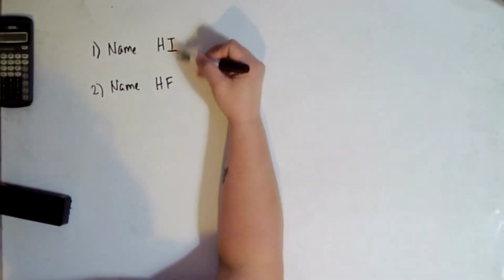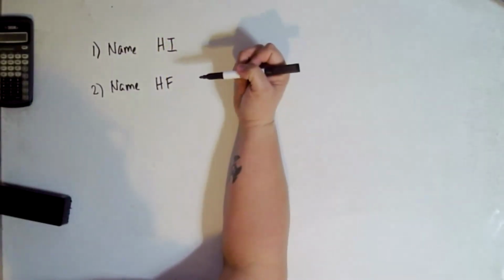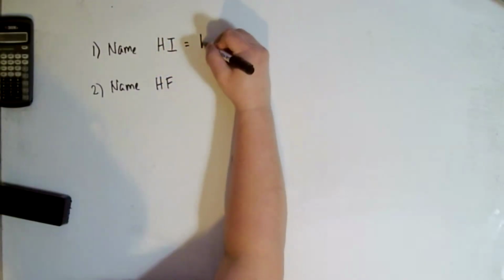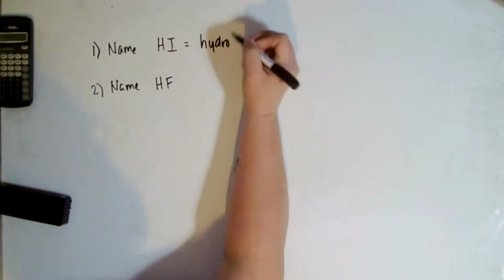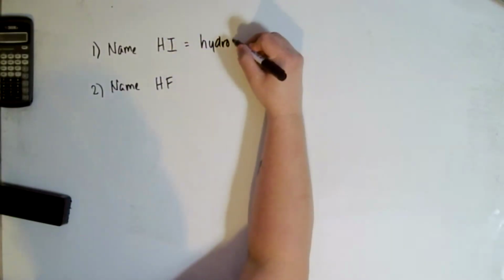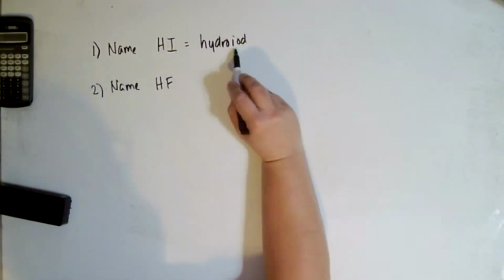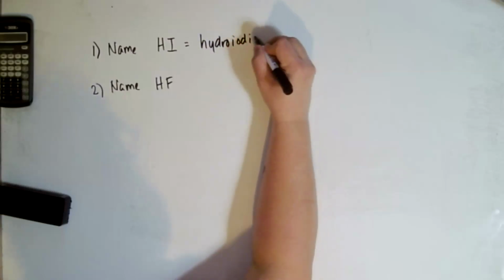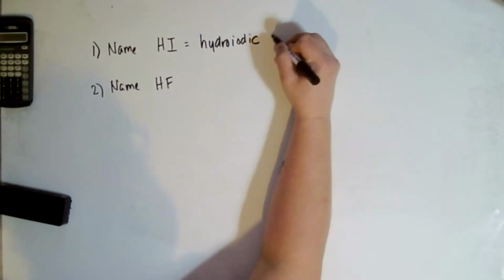Okay, so here we know that both of these are binary acids because there's no oxygen. And so we're going to start with our hydro prefix. Then we're looking at our anion. This is iodine. So we're going to write the base name for our anion. Then we're going to add an IC.